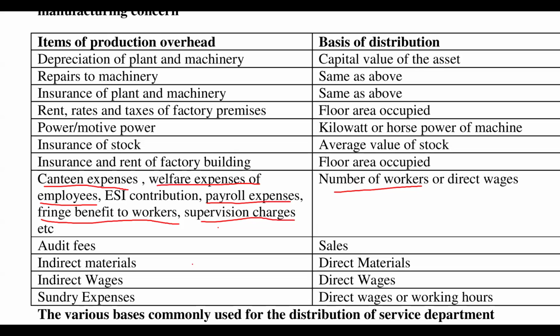Whether this person belongs to this department or not, they'll have to consider them and serve them. That is very important. So I have emphasized that the basis of apportionment for that is the number of employees. Be on the lookout for these whenever you're given the question.